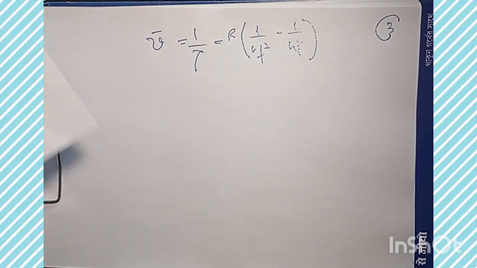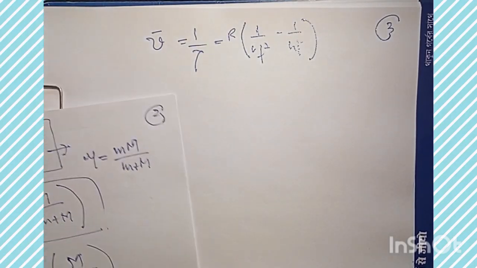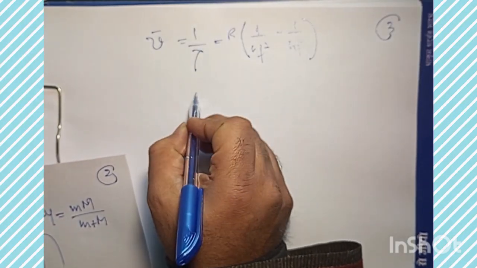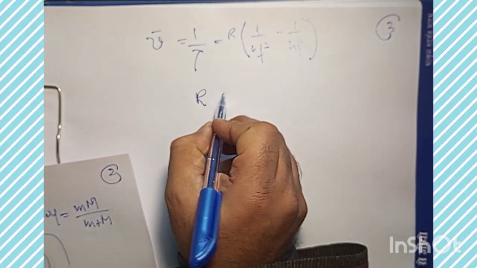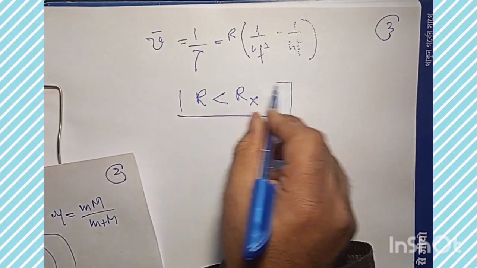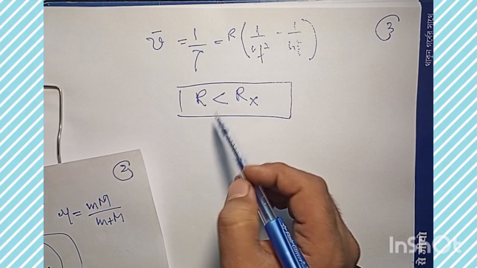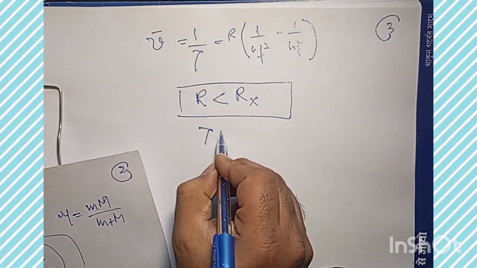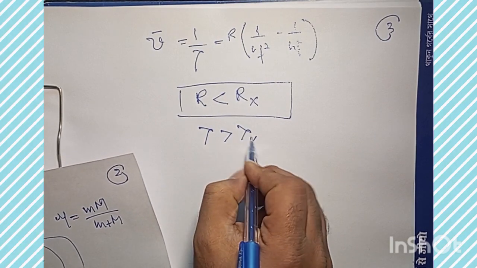What I conclude from here is that this R is less than R infinity that I defined previously. So if R is less than R infinity, then this lambda will be greater than lambda infinity.